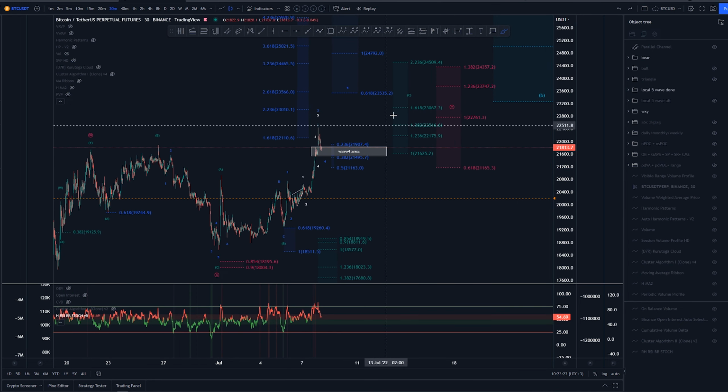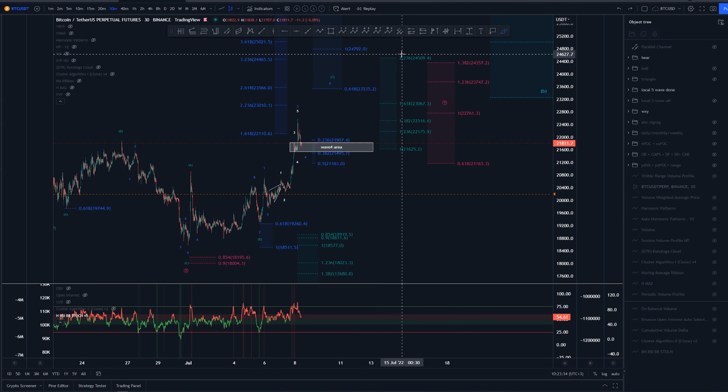So zigzag C always has that 5-wave structure. At this point, we wouldn't really want to see it go beyond the 2.236 extension of the A wave for this C wave. If this breaks, then we would more likely turn to that bullish scenario, at least the A, B, and C count of it.